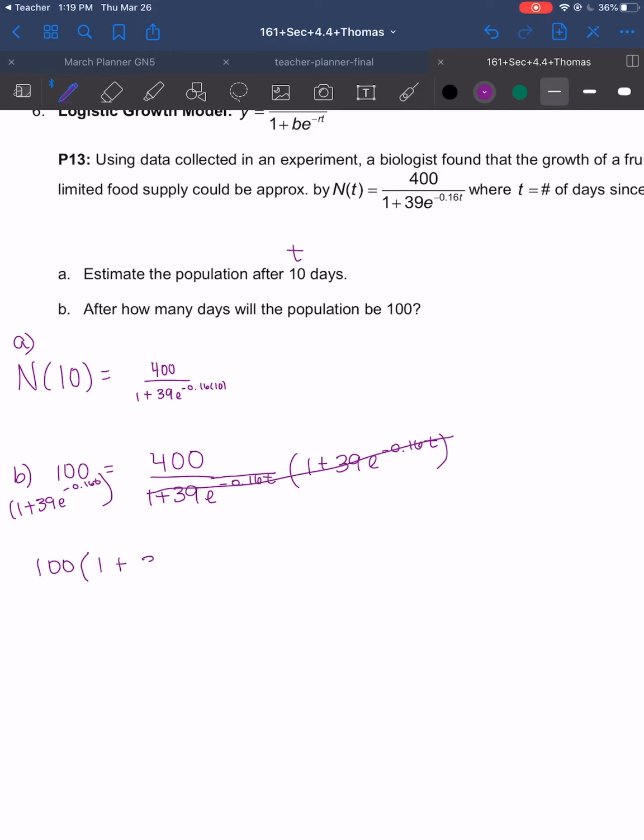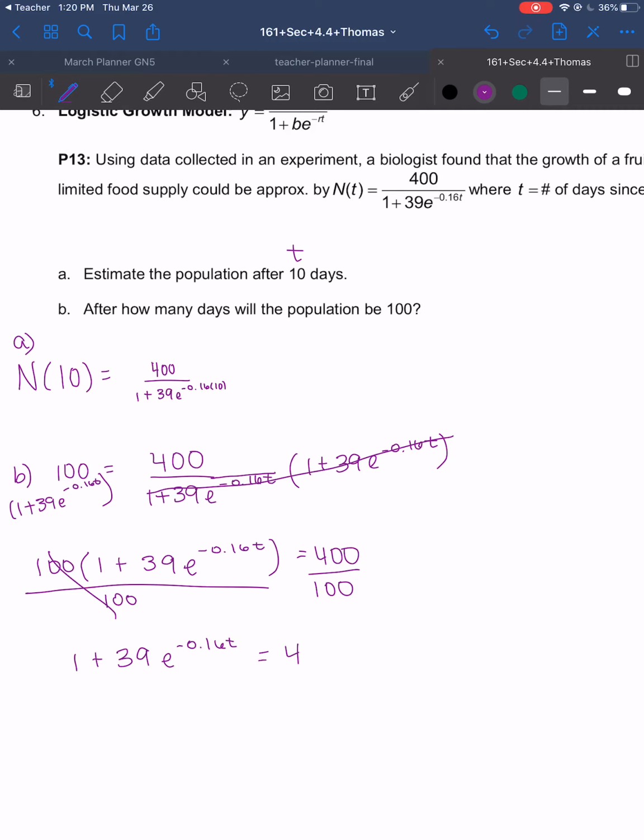You'll see why in just a second. So now I'm going to divide by 100. So I have 1 plus 39 e to the negative 0.16 t equals 4.